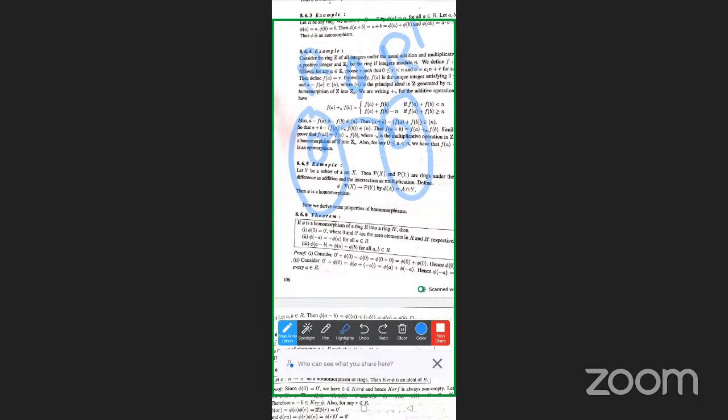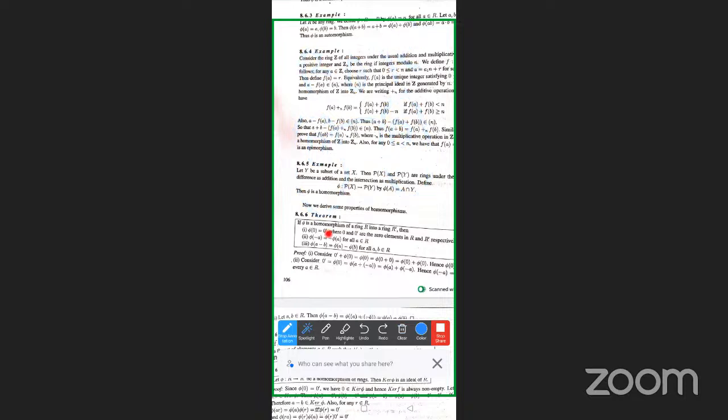Pi is a function from R to R dash, and the zero element in R is mapped to the zero element in R dash. The zero element is the identity element with respect to addition in R, and also in R dash. Every identity element in the domain is mapped to the identity element in the codomain. Therefore pi of 0 is equal to 0 dash.